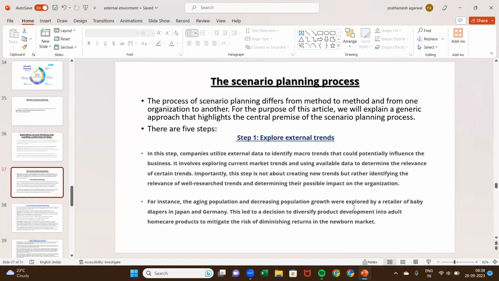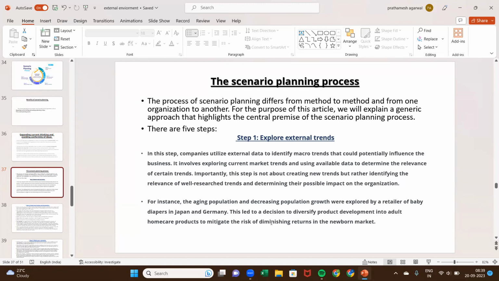These trends were explored by a retailer of baby diapers in Japan and Germany. This led to a decision to diversify product development into adult home care products.